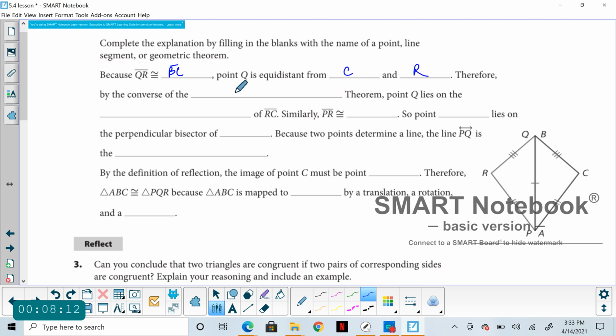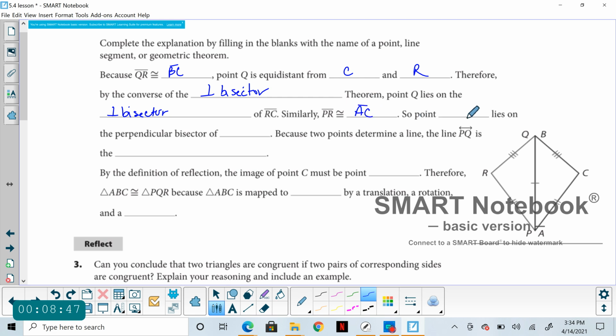Therefore, by the converse of the perpendicular bisector theorem, point Q lies on the perpendicular bisector of RC. So then PR is congruent to AC.